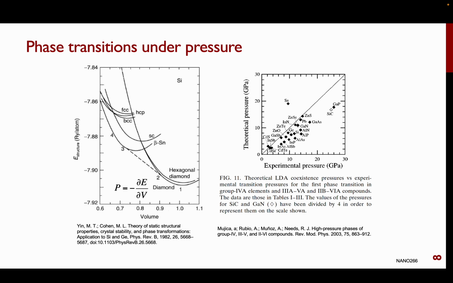If you are able to do this for multiple different types of crystal structures for a compound, you can basically calculate the phase diagram of your system, right? So, as I mentioned during the lecture on the LDA approximation, this is one of the early success stories of density functional theory, okay?